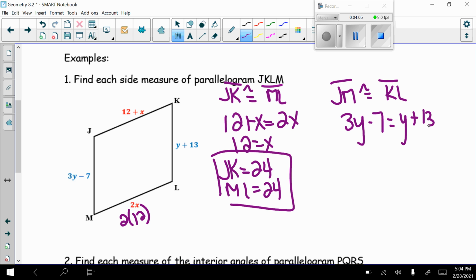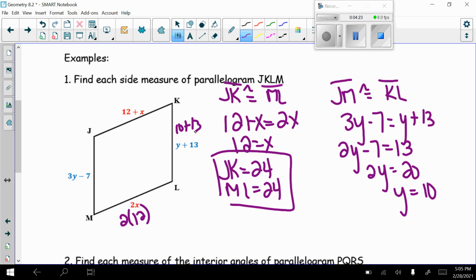Again, I want to get all of my y's on the same side, so I'm going to subtract that y over. So now I have 2y minus 7 equals 13. Add 7 to both sides, so I get 2y equals 20. Divide by 2, y equals 10. So now I need to plug that in. So if I did here, 10 plus 13. And it doesn't matter which side I plug it into, JM or KL, they're both going to be the same. So then I would say that JM is equal to 23. And KL is also equal to 23.